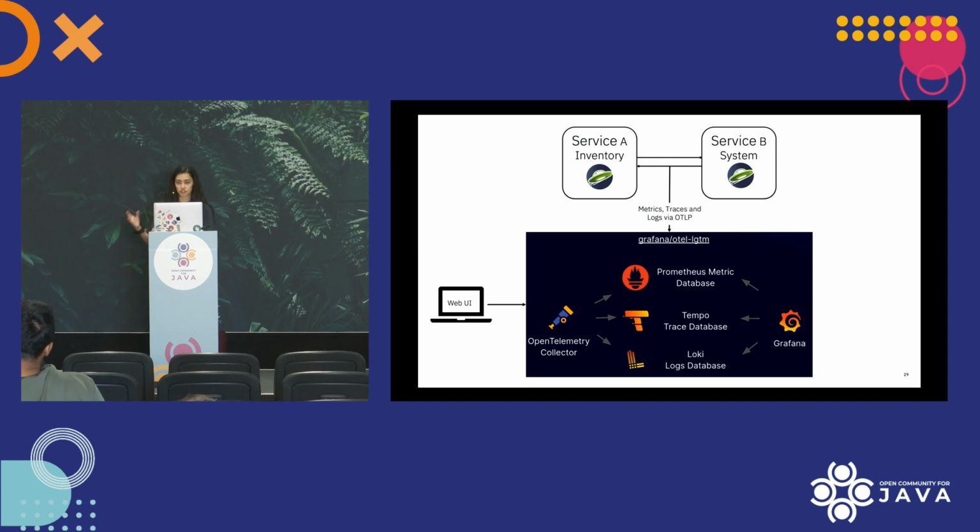All of my data is first going to go to the OpenTelemetry collector, and then my data is then going to either go to a Prometheus metrics database, a Tempo trace database, or the Loki logs database. And I'm going to view all of this different information in Grafana and see what's going on in my application through my web UI.